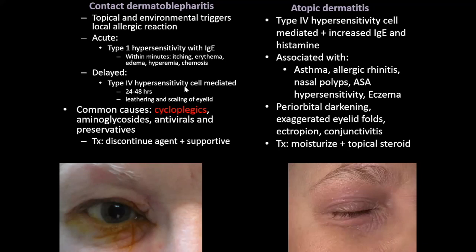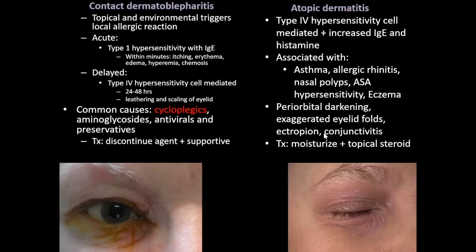And then you have increased levels of IgE and histamine, and mast cell degranulation associated with that. So they have these associations: history of asthma, allergic rhinitis, nasal polyps, eczema, and other forms of atopy.